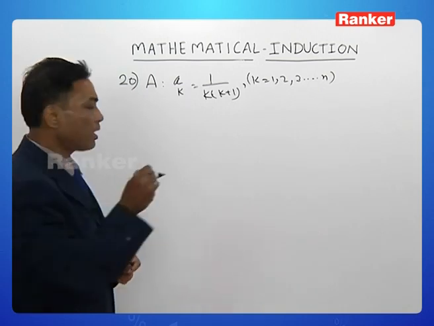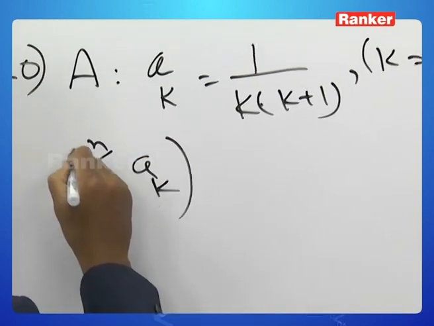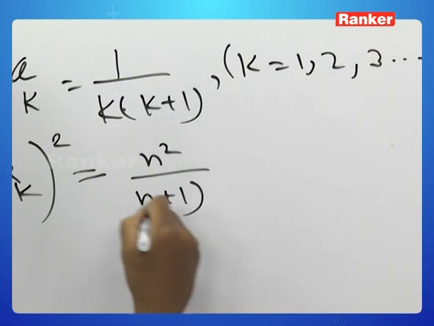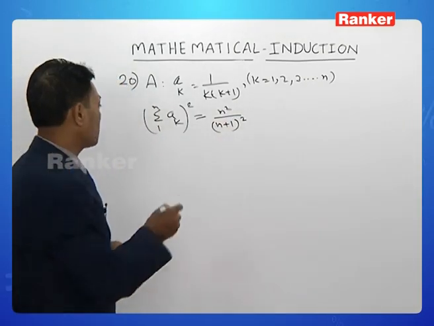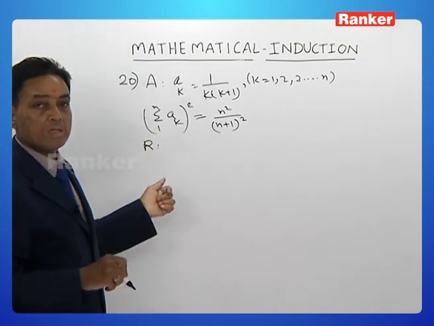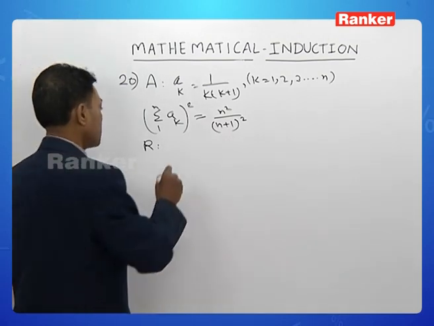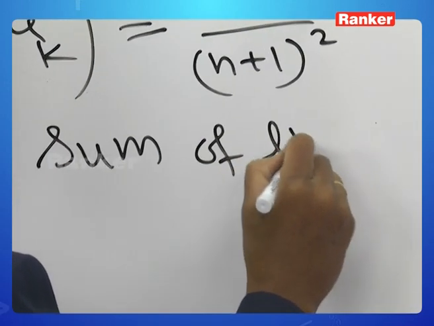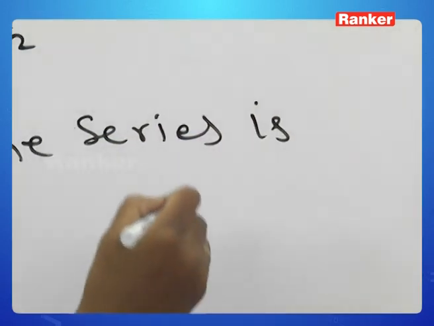Now, sigma a_k square, k from 1 to n, is equal to n square by (n plus 1) whole square. We have to verify whether this is true or not. Then the reason, that is of course the second statement: the sum of the n terms given in the series is n by (n plus 1). So, in the above series, the sum of the series is n by (n plus 1).